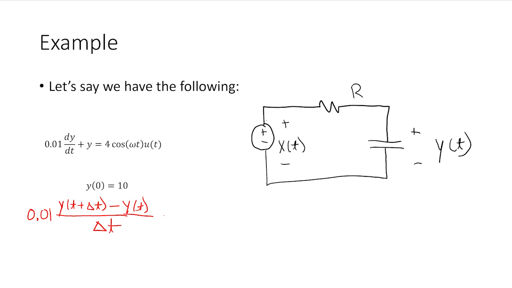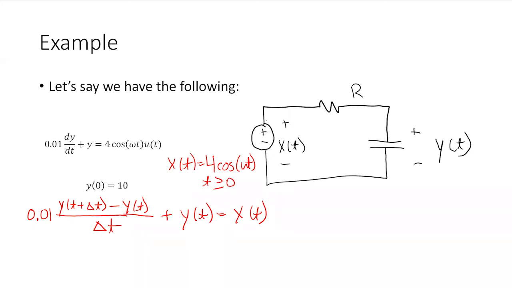All right, so I have that plus y of t equals, I'm just going to call it x of t, to keep it simple, where my x of t is 4 cosine omega t for t greater than or equal to 0.